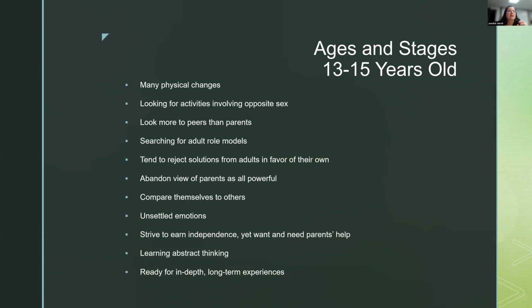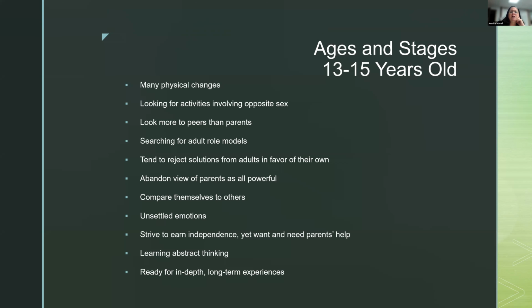I mean, think about how the physical changes in a girl's body are affecting how she feels emotionally or how she feels socially, because she's busy comparing herself to other girls a lot of times. And the same can be said for boys too. It's just that we see that a lot sooner in girls, especially in this age range.